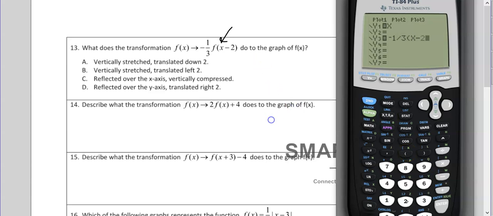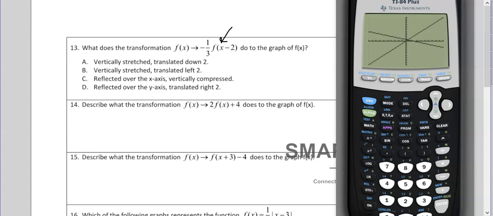I think there's a typo there with that f. That shouldn't be there. So you can tell it's reflected or flipped. Now, it does not move down 2, because it is not outside, it's inside the parentheses. So you gotta be careful with that one.